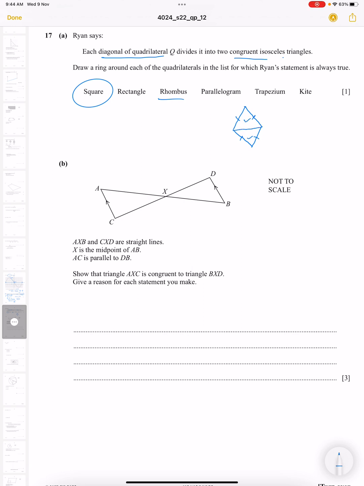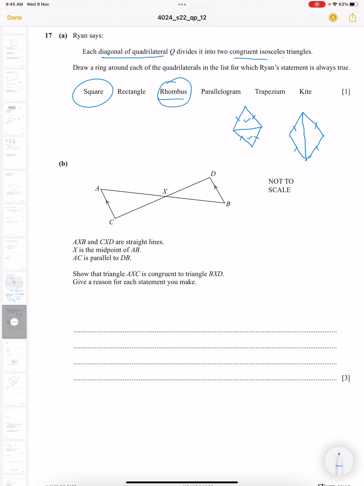If you draw the other diagonal, these are also isosceles triangles, so the rhombus also satisfies this condition, right?